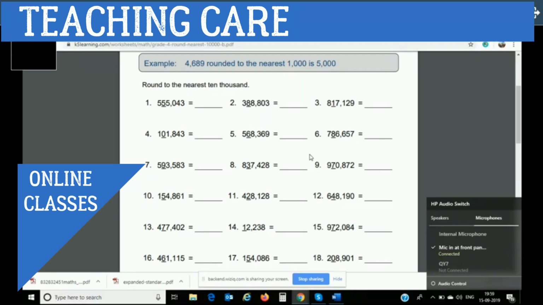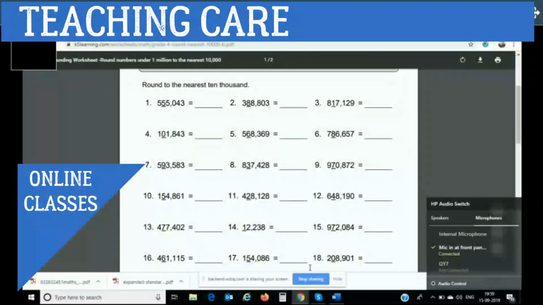One hundred and 50,000. 420,000. No, 430,000. 650,000. Yes, Srishti, you are able to do this.